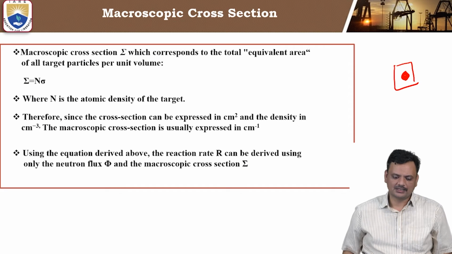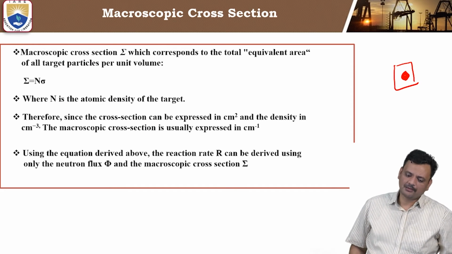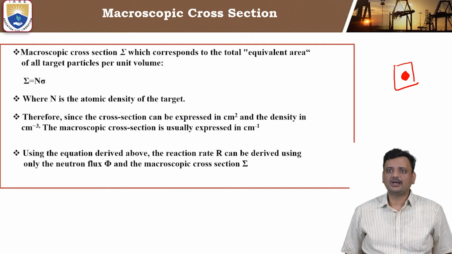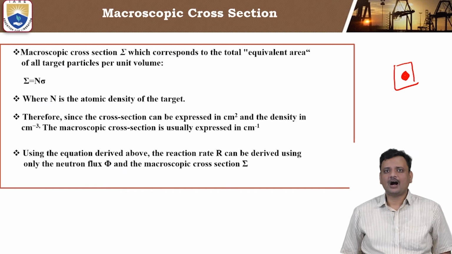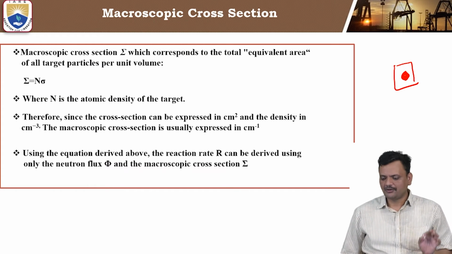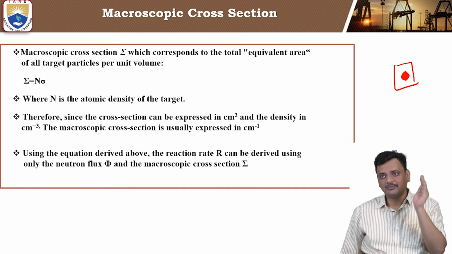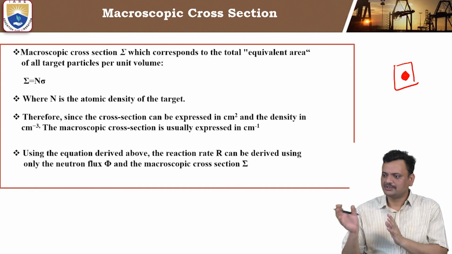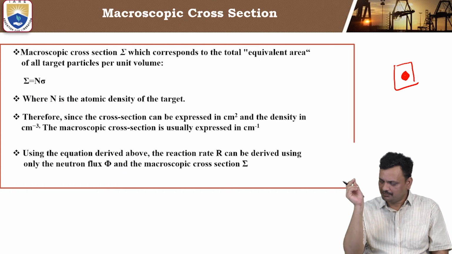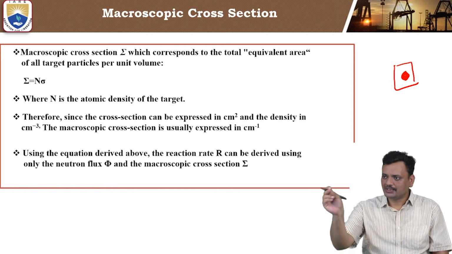So that thing is written here. The macroscopic cross section is denoted by sigma, which corresponds to the total equivalent area of all target particles per unit volume. Means per unit volume, how many atoms there are, and for every particular atom there is a total cross section.